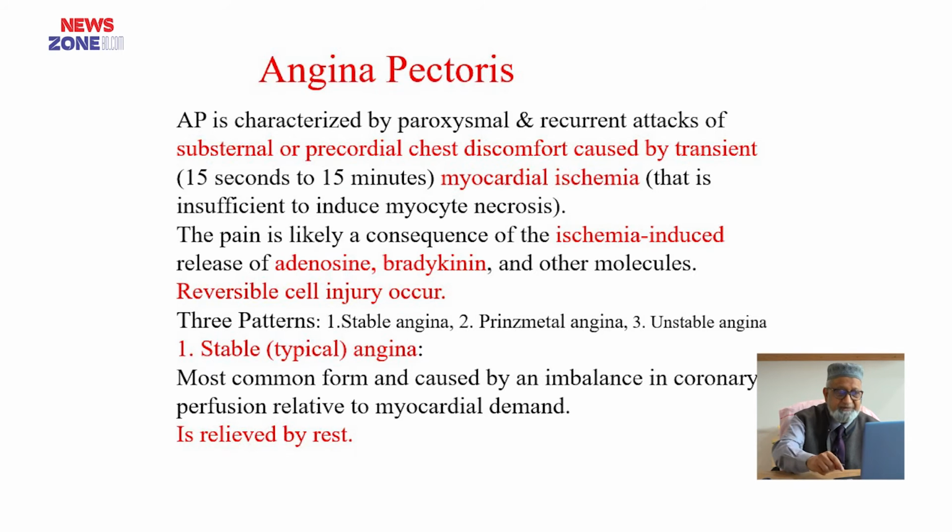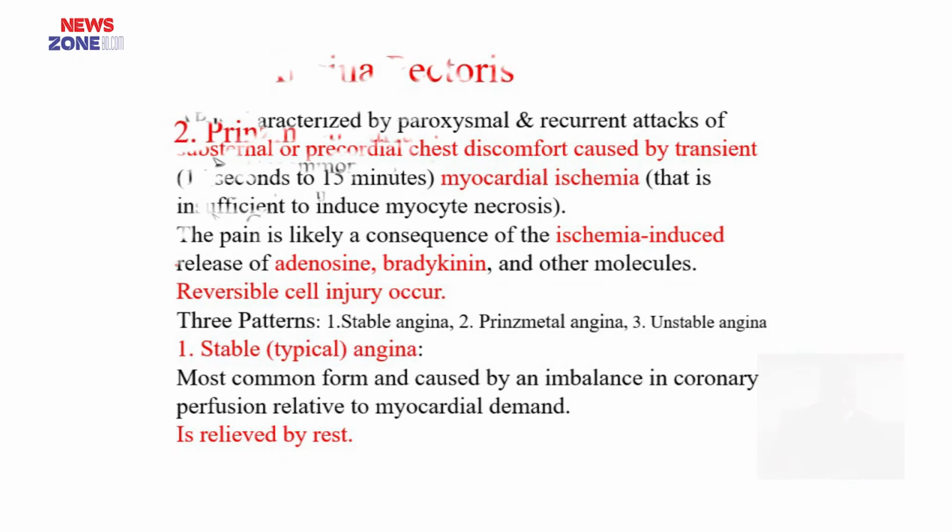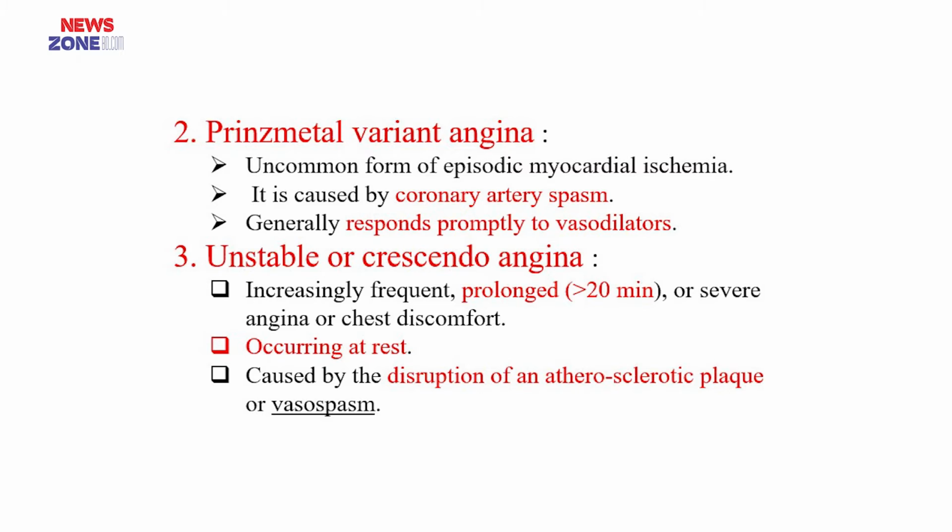Remember, it lasts for 15 seconds to 15 minutes of myocardial ischemia, so it is not sufficient to cause necrosis of the myocardium. The Prinzmetal variant and unstable variant also exist.